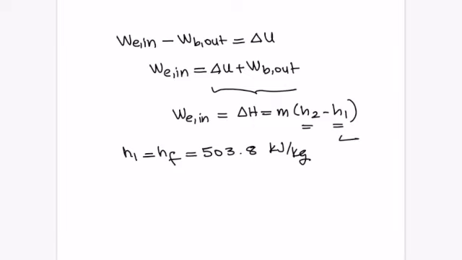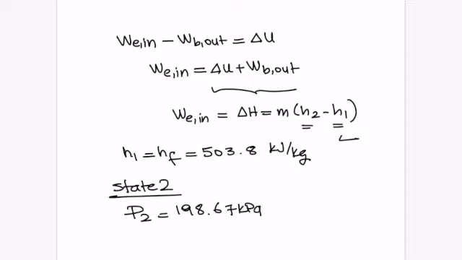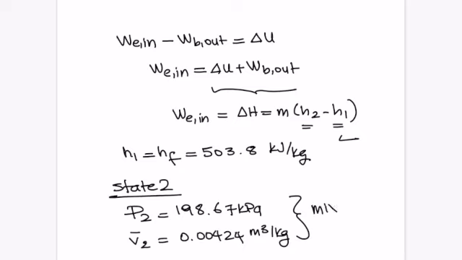To figure out H2, at state 2 we have the pressure and we have the specific volume. Together, these data will tell you that you actually have a mixture.